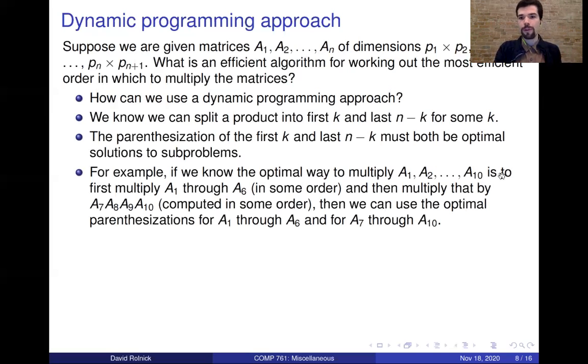So for example, if we knew that the optimal way to multiply a1 through a10 was to first multiply a1 through a6 in some order, and then multiply that result by a7 through a10, again multiplied in some order. We don't know what the order is. But if we knew that, then we could find the optimal way to multiply these, and then combine it with the optimal way to multiply these.